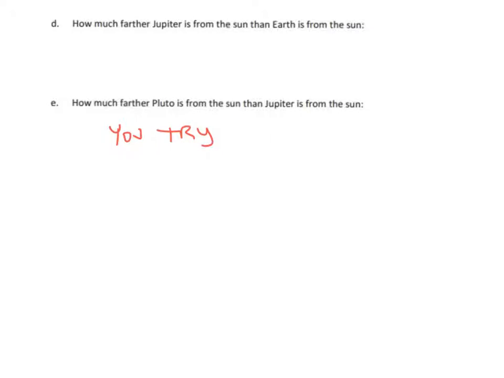Okay, now it says in part D, how much further is Jupiter from the Sun than the Earth is from the Sun? Well, the Jupiter we just did was 7.8 times 10 to the 8th. And from the Earth, it was 1.5 times 10 to the 8th. So if I want to compare the one to the other and see how much further it is, we take the difference.